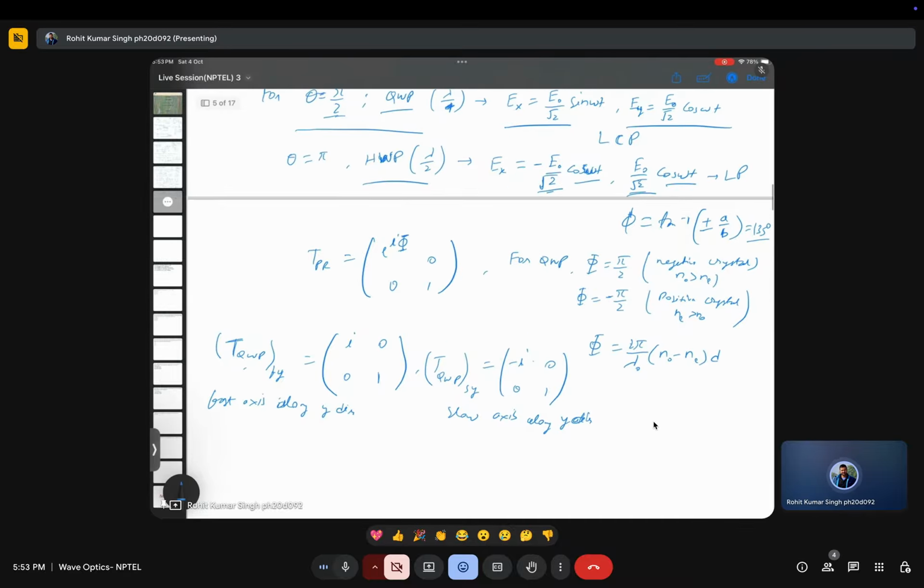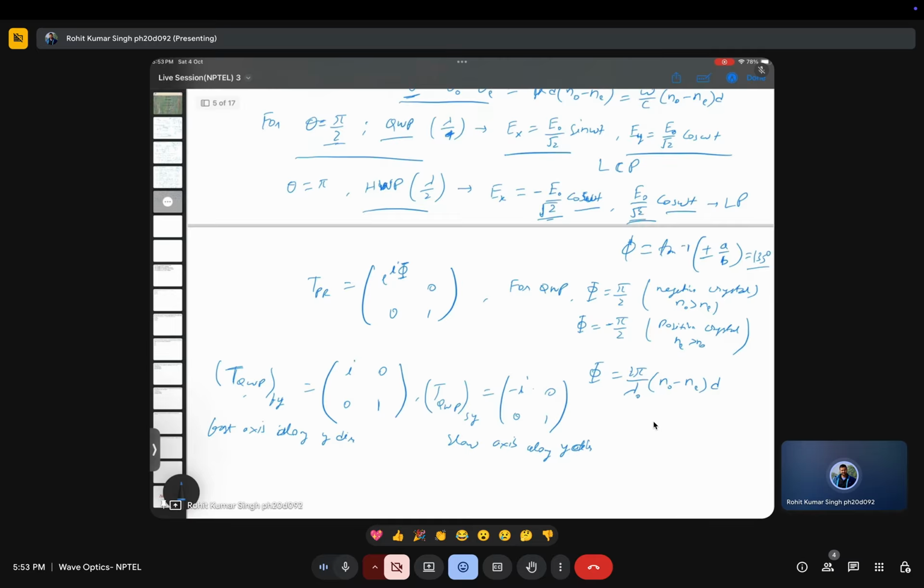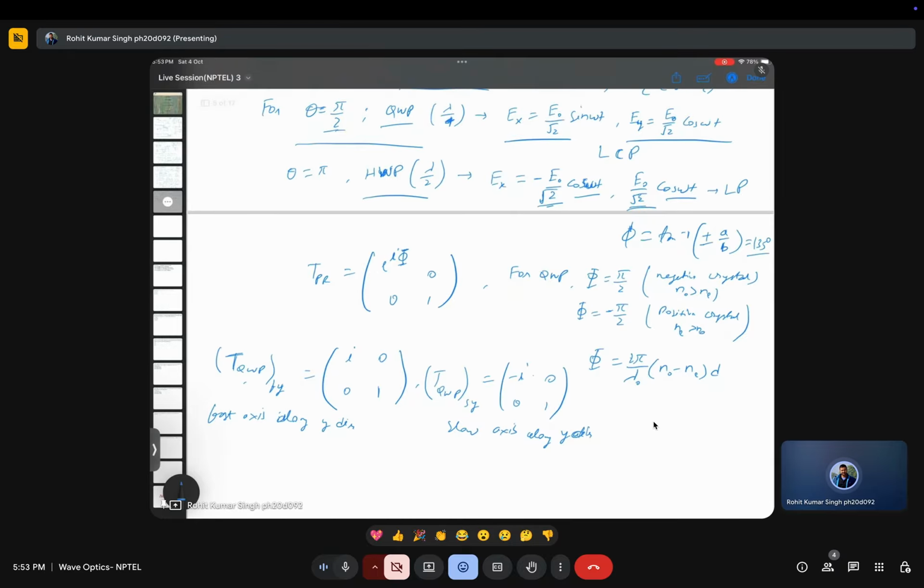So it just means that the fast axis along the y direction means the extraordinary ray in the y direction has larger velocity than the ordinary ray, and the opposite for the other one.